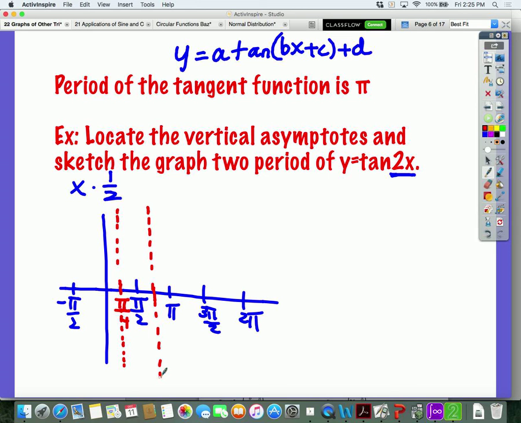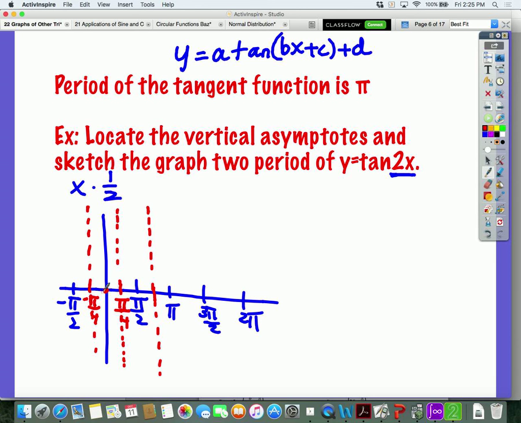All right, and so there I have 2 periods between these two asymptotes. That one that was at 0, that's going to get multiplied by 1/2, but it's going to stay right there at 0.